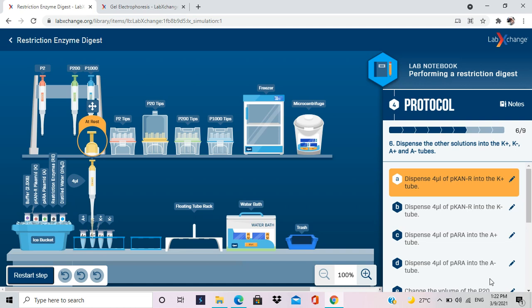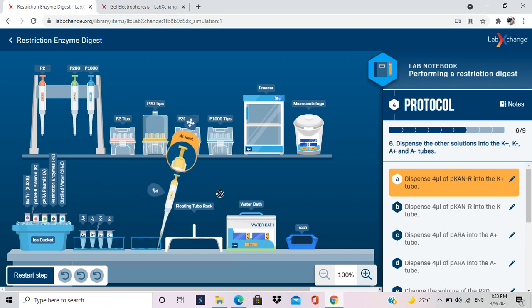And the first step, and after that, I attach the tip again for the pKan R plasmid for the K plus tube and K negative tube.